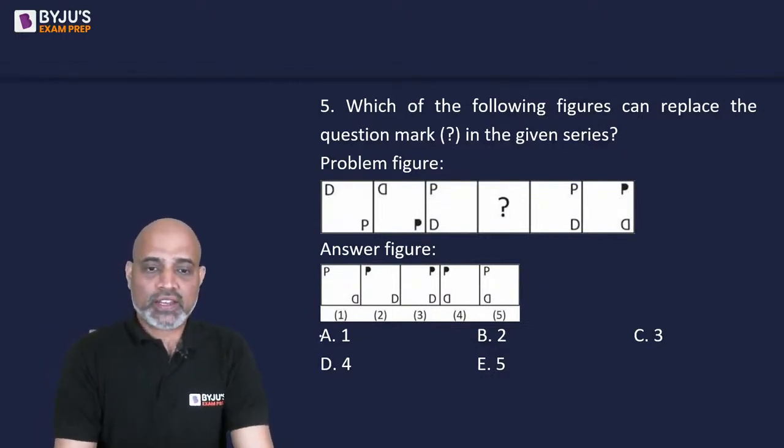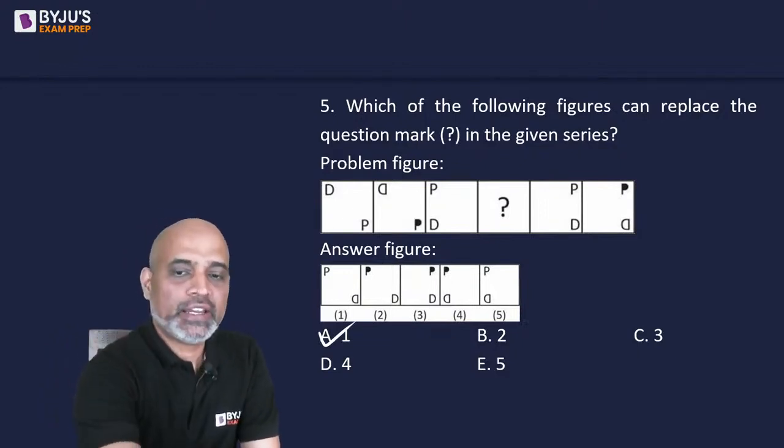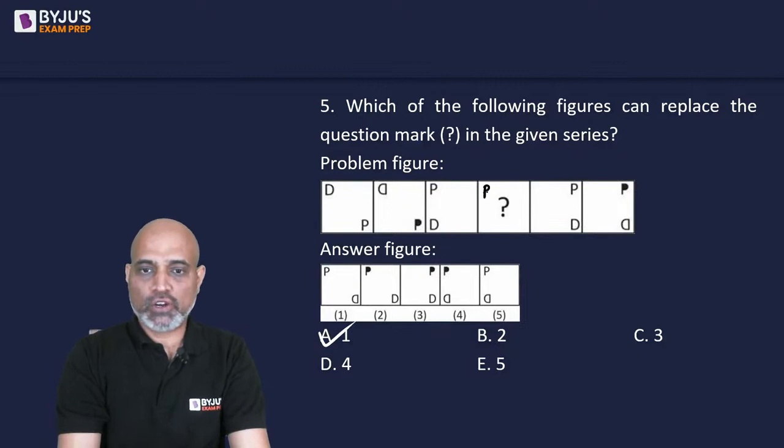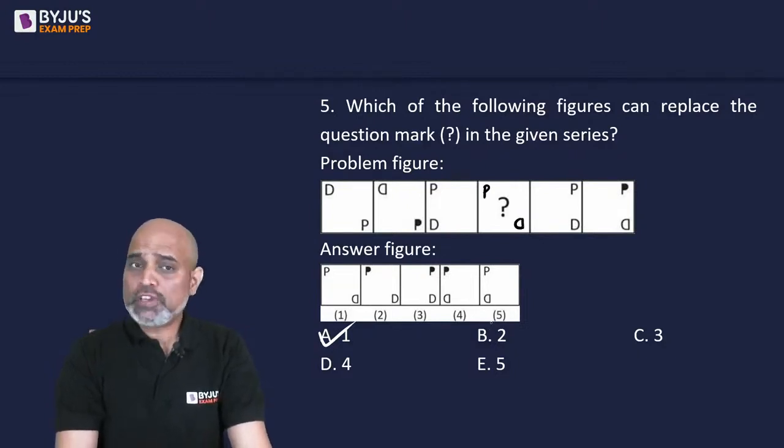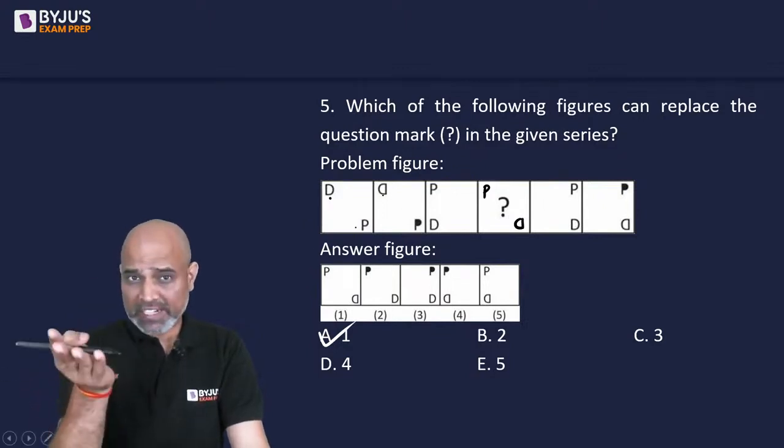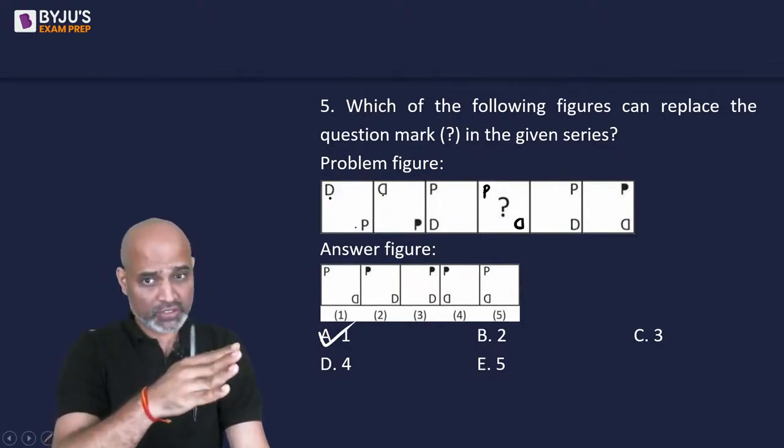So, what if we put option 1, as in, what if we put P and D? Will there be any logical explanation? Well, what we see is the letters are P and D. When P is shaded, D doesn't look like D, but its mirror image.